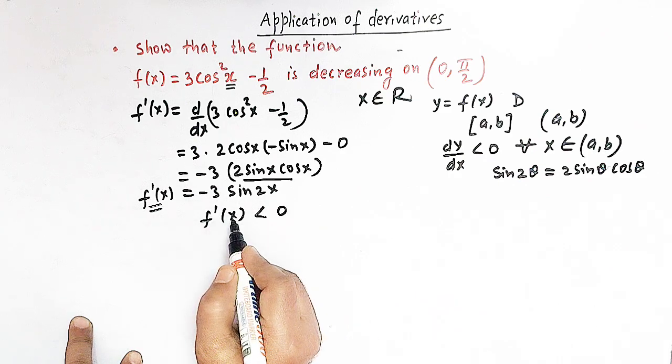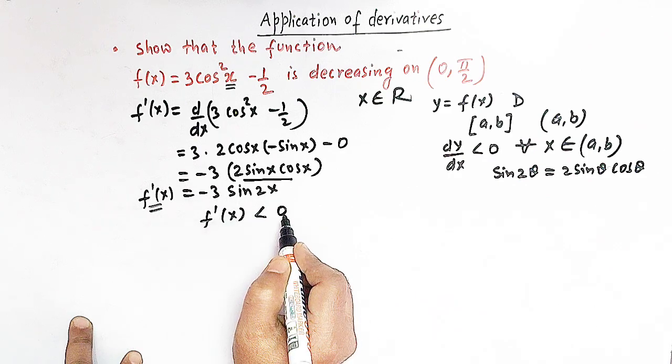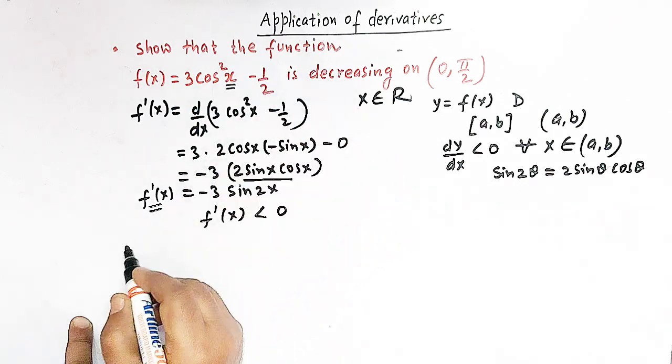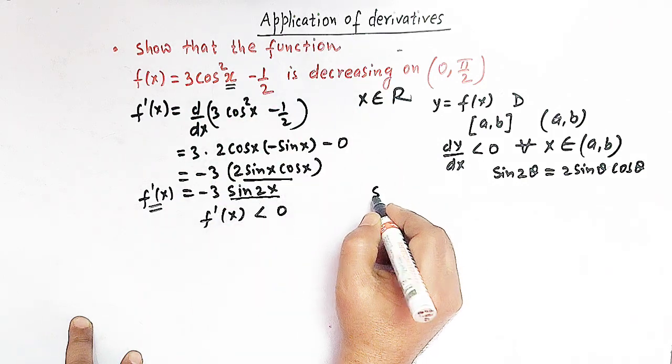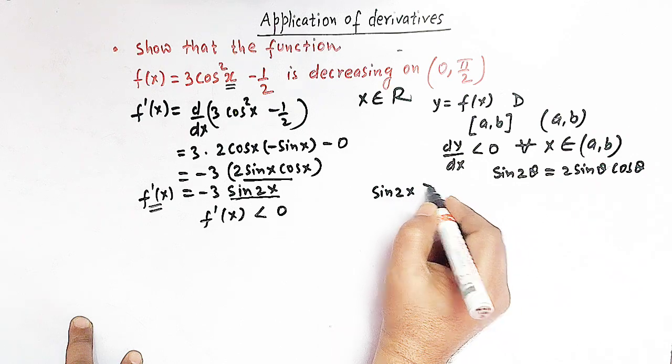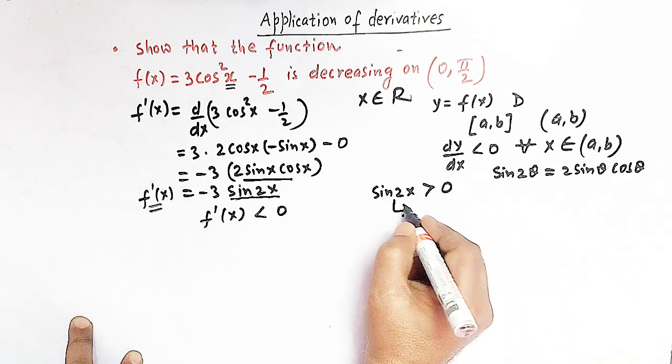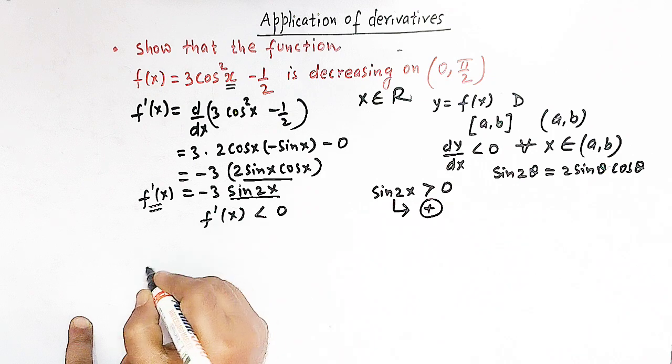So f prime of x should be less than 0 for f of x to be decreasing. It implies that sine 2x must be greater than 0, or sine 2x should be positive.